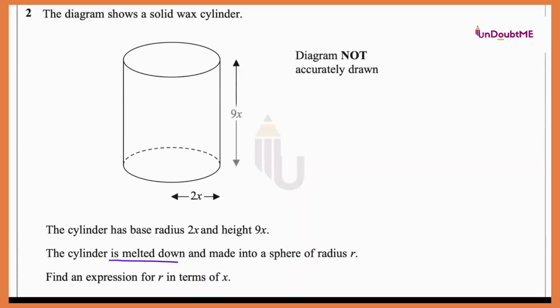Volume of cylinder will be pi r squared h, that will be pi times 2x whole squared times 9x, and volume of sphere of radius r will be 4 by 3 pi r cube.